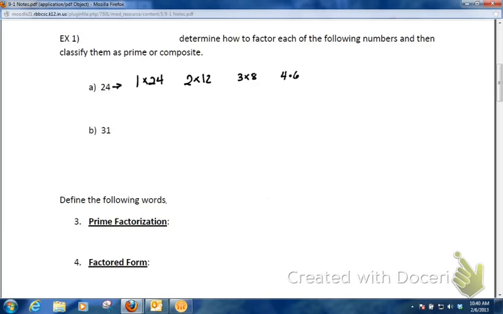Those are all things that multiply to make 24. Since there's obviously more than just 1 and itself, this number is composite.